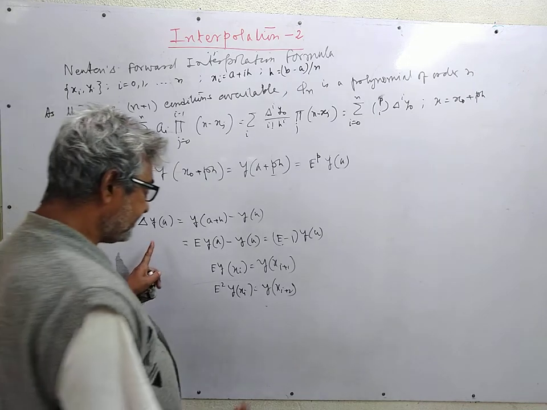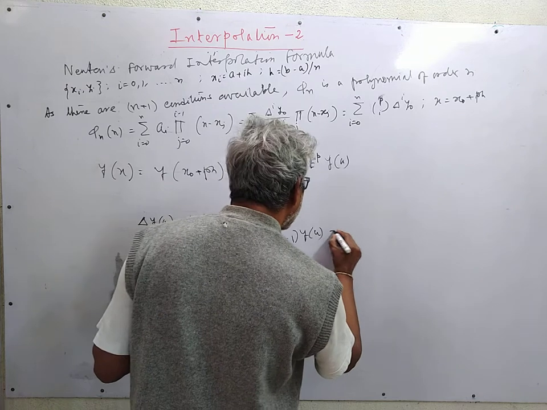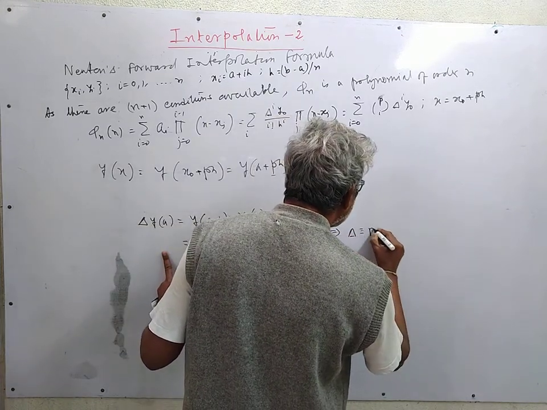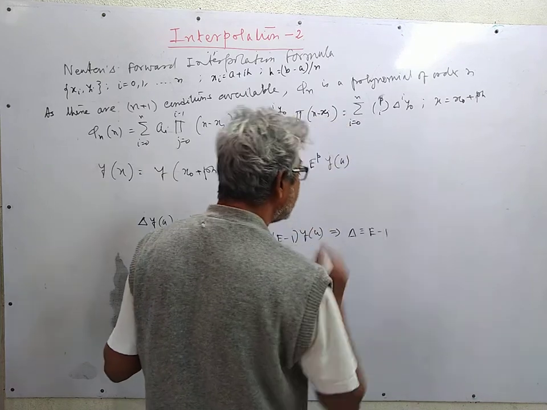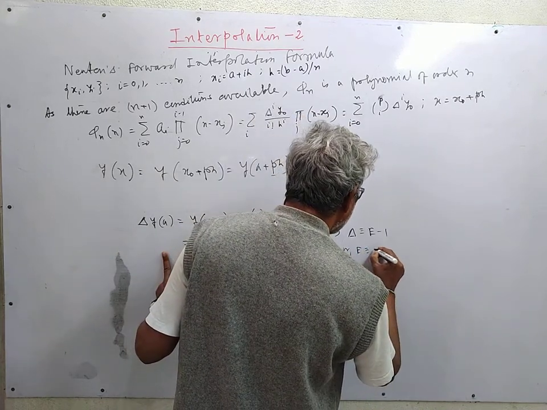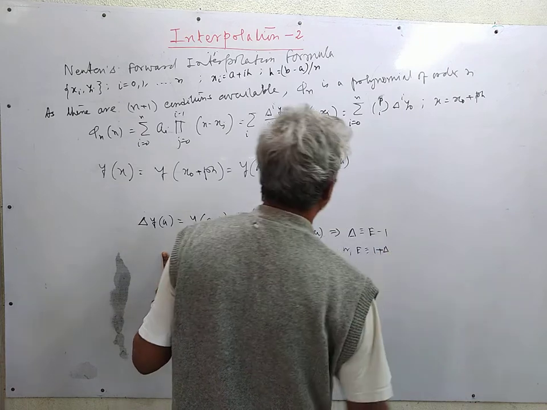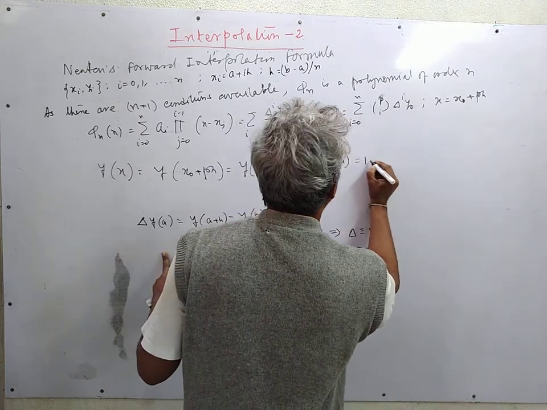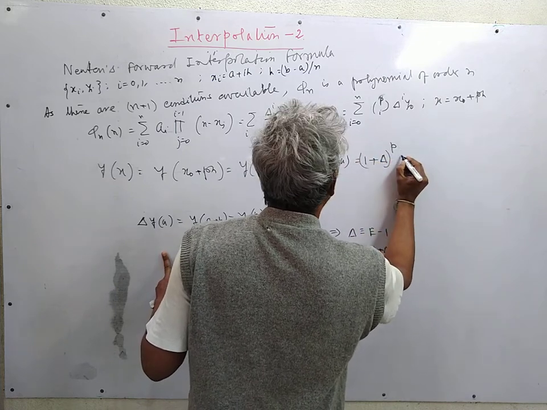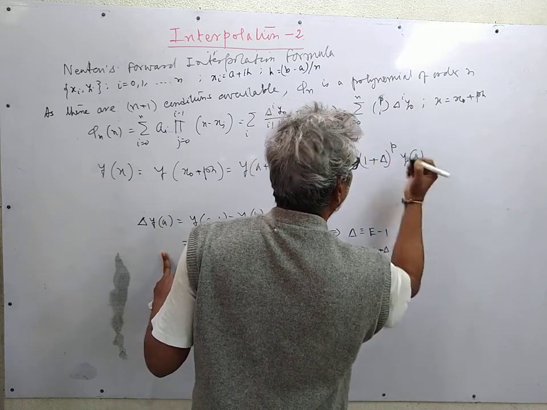And there is another formula we can develop from here: the delta operator is equivalent to E minus the identity operator, or the E operator is equivalent to 1 plus the delta operator. So we can write it as 1 plus delta operator to the power p operating on y of a.